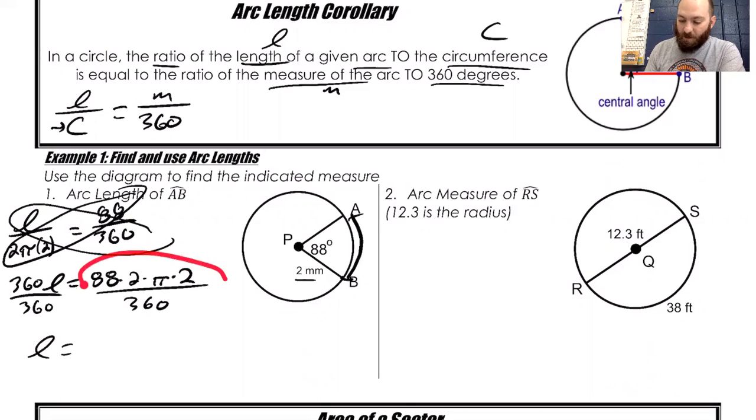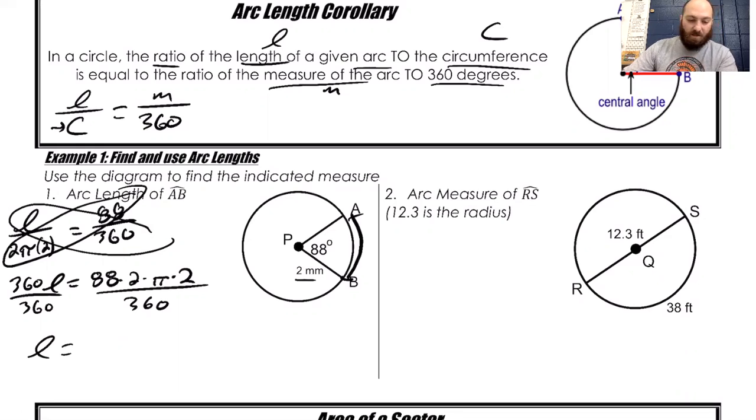This is what you can put in your calculator. And again, this is a matter of doing it all in the proper order. If you are going to do it as a fraction, then you're fine. If you have a calculator that can do everything as a fraction, you just put everything in the numerator, so that's 88 times 2, and then times pi, and then times 2 again.